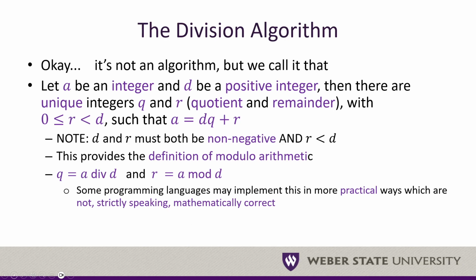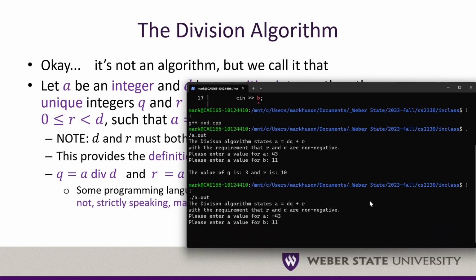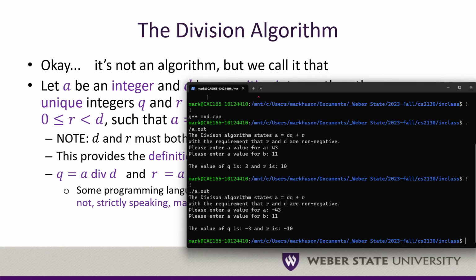So that's what we expect from math. Our number theory tells us that. Let's see what our programming language does. Blow this up a little bit. The programming language gives us a negative remainder. Try this in Python, it will do exactly the same thing.